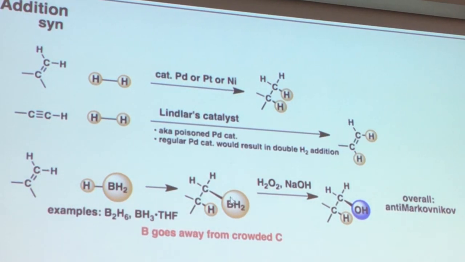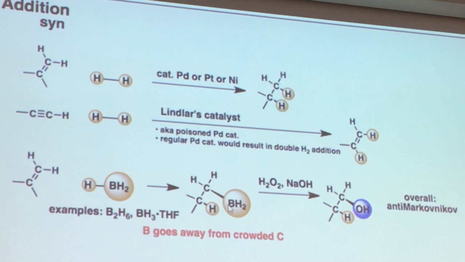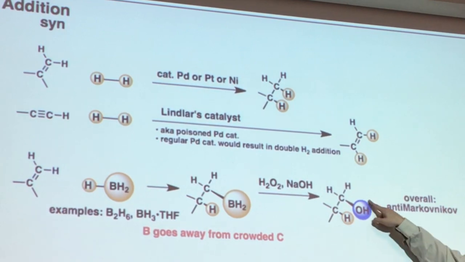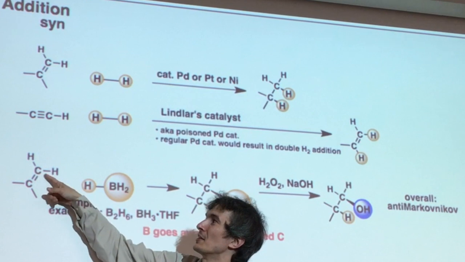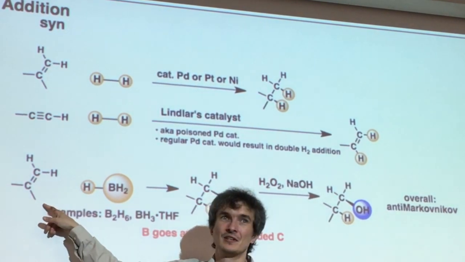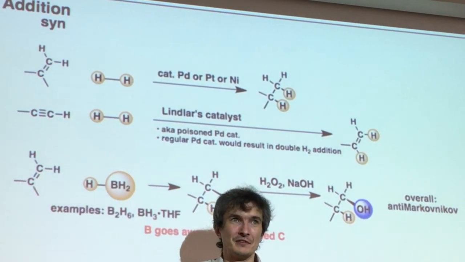Less. Yes. And then comes this magic box. This set of reagents, all it does, it converts BH2 to an alcohol. Look, the overall result from this scheme is that water, H2O, is added to an alkene in such a way that OH is far away from substituents. And chemists call it anti-Markovnikov.